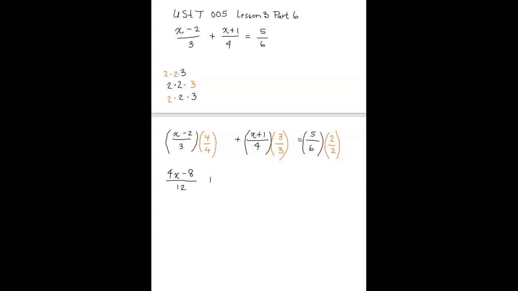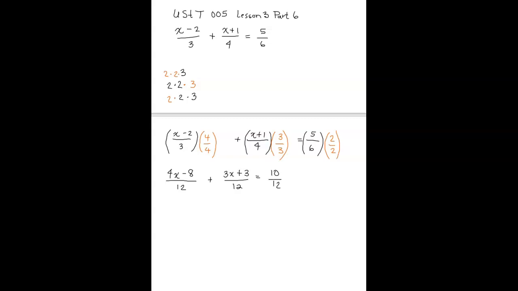And here I'm going to have a 3 times x plus 3 all over 12 equals 10 over 12. And hopefully you've been convinced that since they're all over the same denominator, we can kind of say, okay, well, that would have canceled out if we had cross multiplied, so we're going to just drop the denominator as of right now.